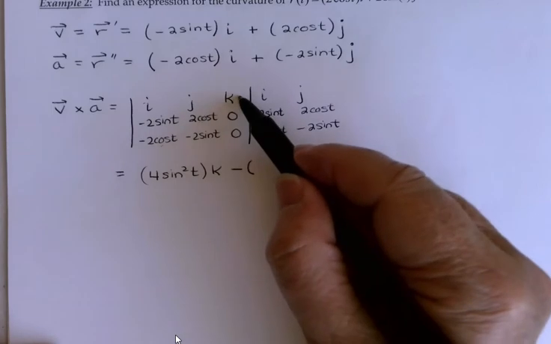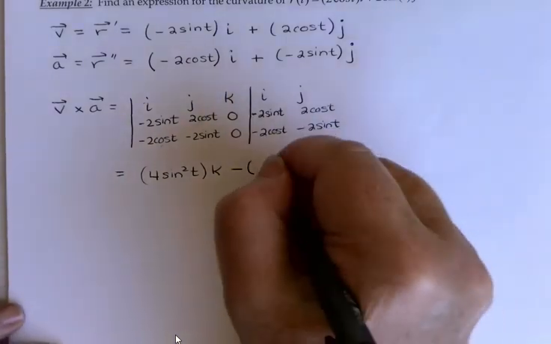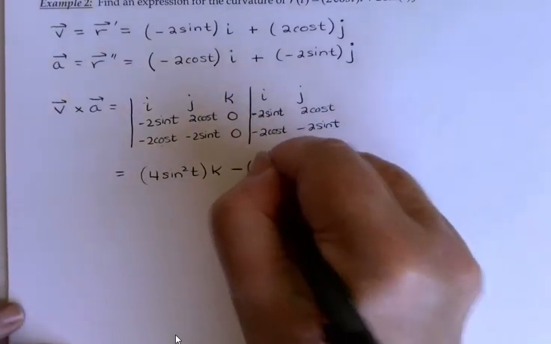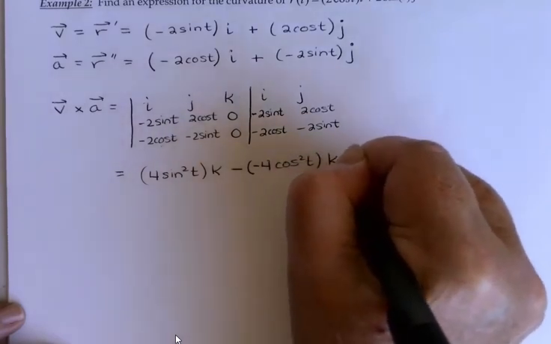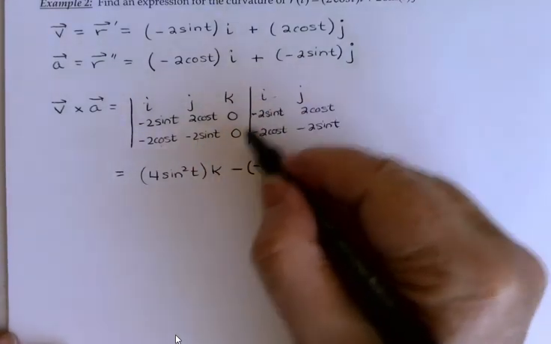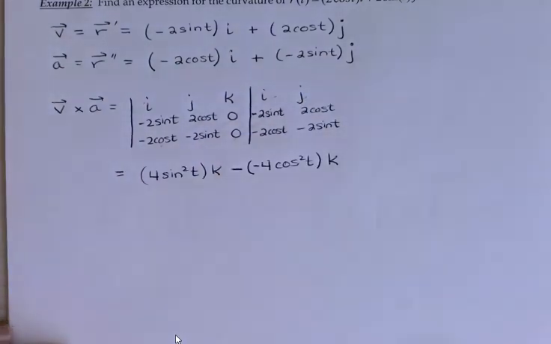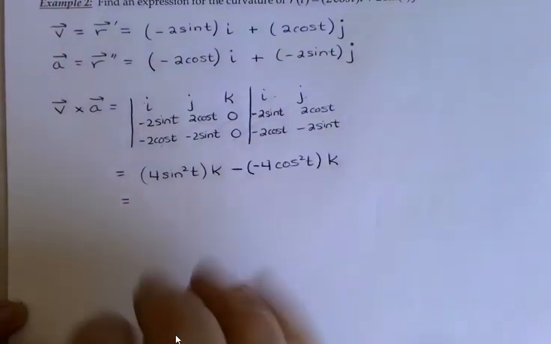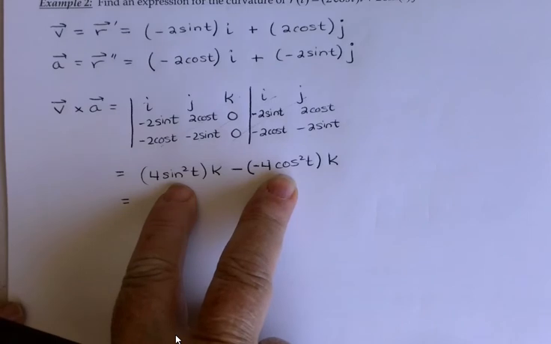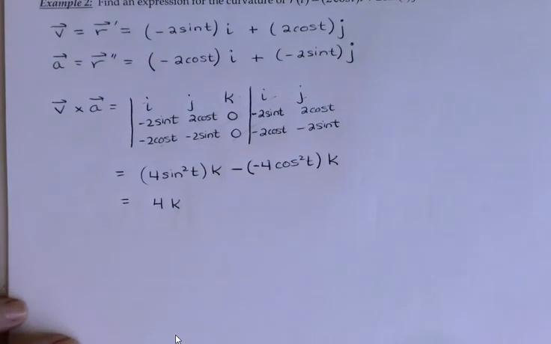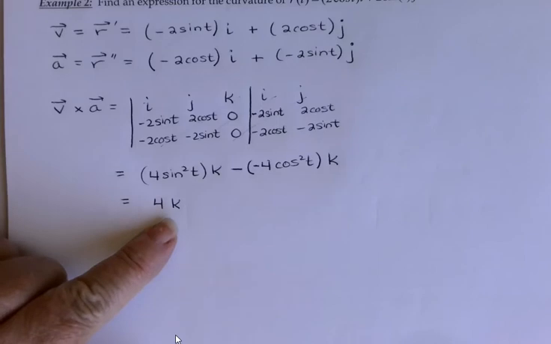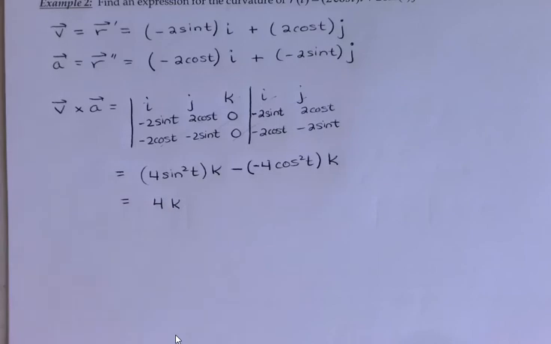This one will give me a negative 4 cos squared t for k, and 0 for i, 0 for j. So I actually have 4 sine squared plus 4 cos squared, which is just 4 for k. So in this case, the cross product, v cross a, is just a constant vector, 4k.